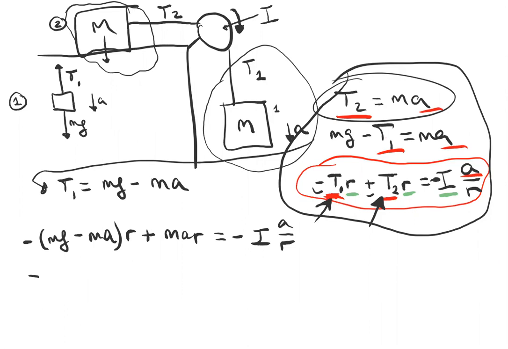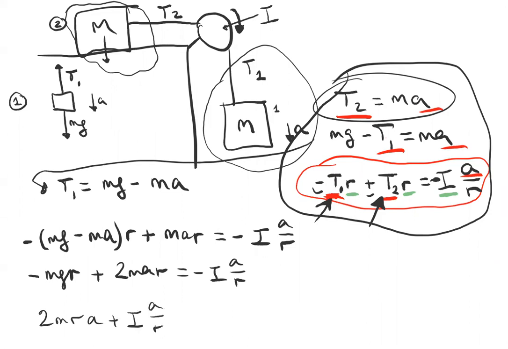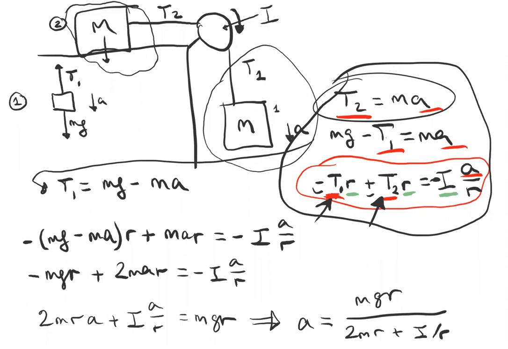I will open my brackets, negative mgr plus twice mar is equal to negative I a over r. And then I will rewrite it as twice mra plus I a over r is equal to mgr. And from here it follows that my acceleration is equal to mgr divided by twice mr plus I over r.